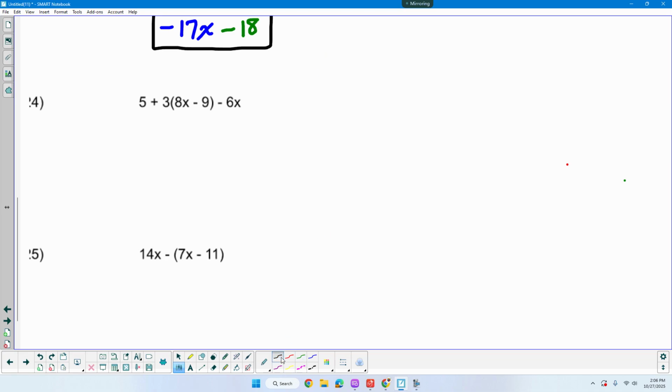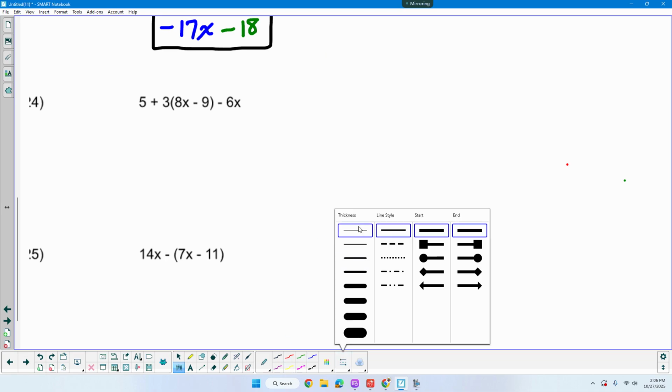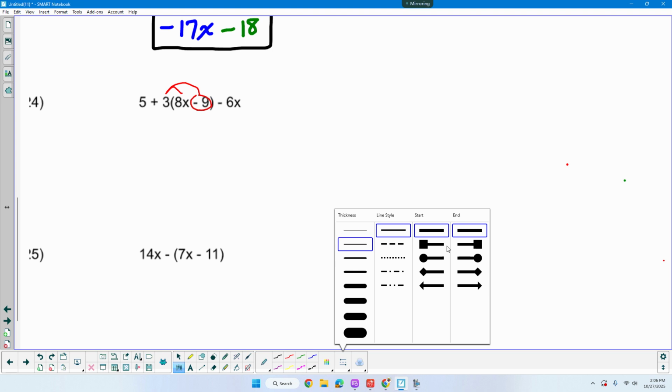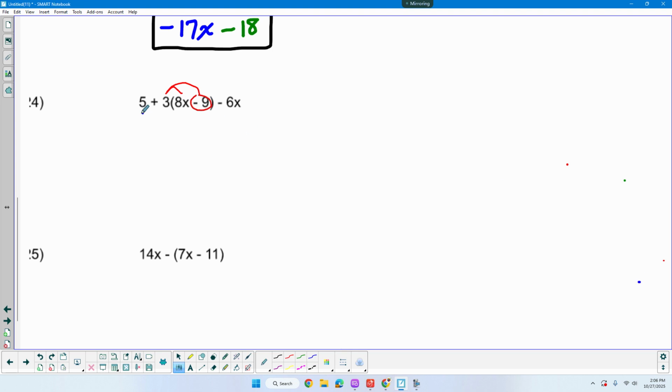All right, let's look at the next one. If I am going to distribute before I solve, this is a positive 3 being distributed to this and to this. Notice it can't reach all the way over to this. That 3 doesn't go with this. This is totally separate. So I'm going to bring the 5 down.